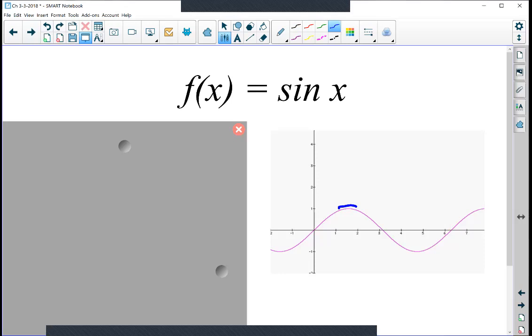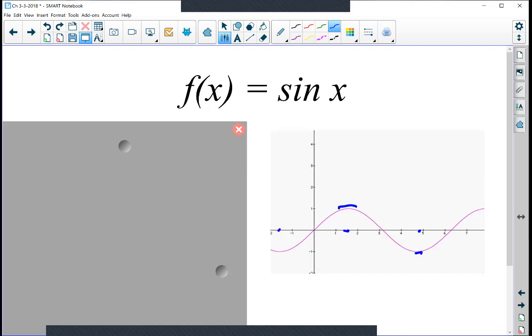And the derivative down here at the bottom? 0. So if we look at those, and looks like over here we've got another 0.